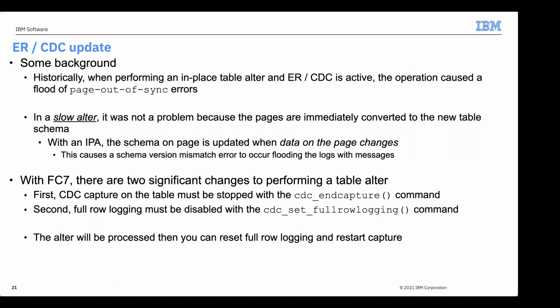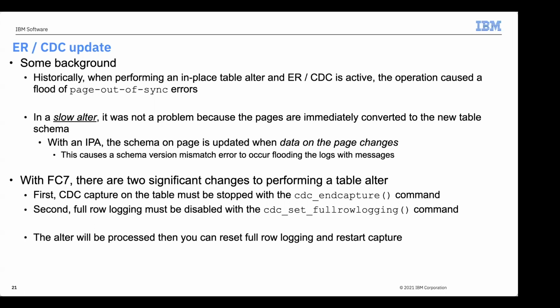And that's what was causing this flood of page out of sync errors. So in FC7, we are enforcing some rules. And these rules are, first, if you're using change data capture, you must stop capturing data. And there is this CDC end capture function that you need to run, which will terminate the extraction of data.